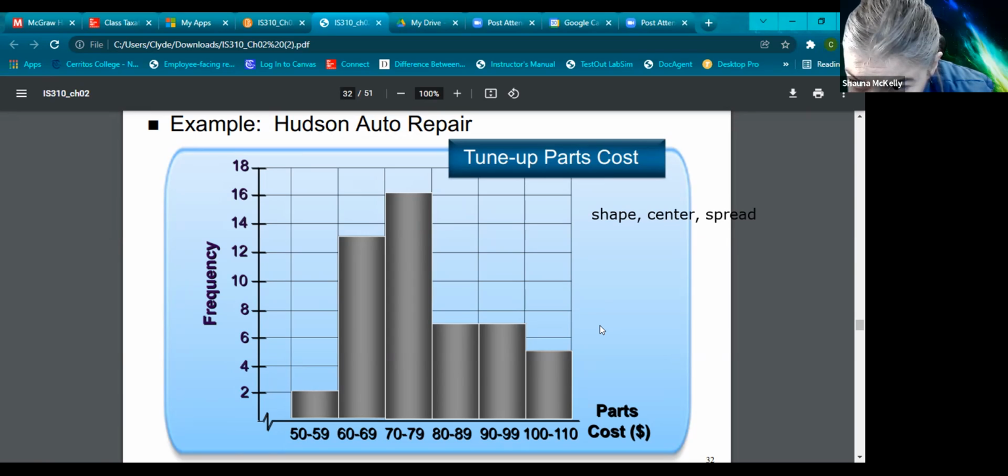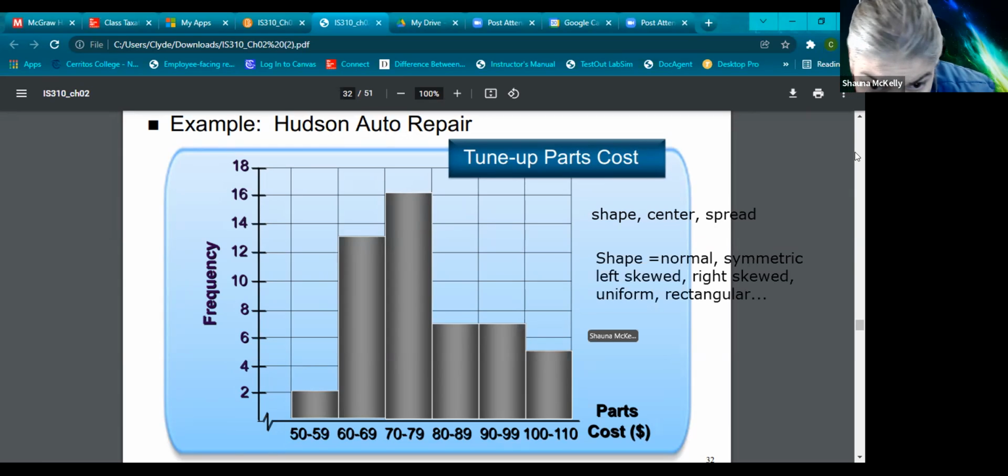It could be left skewed, it could be right skewed, it could be uniform, rectangular. So there's different words to describe shape.